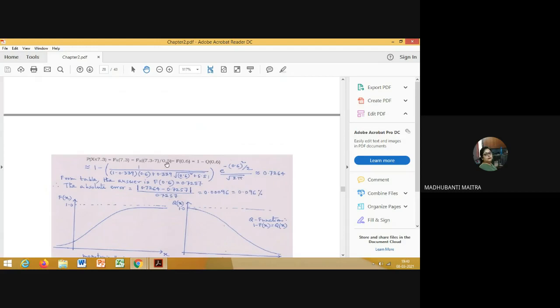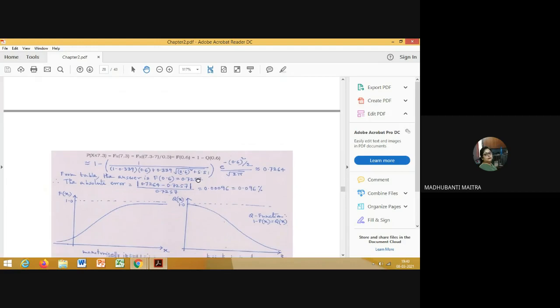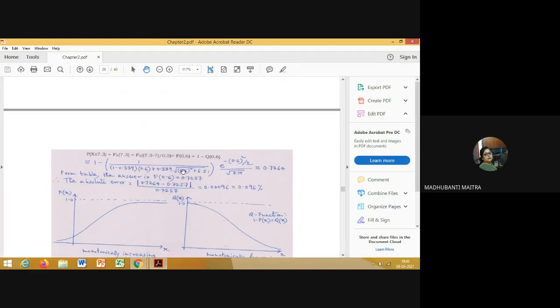So for this part we don't have to perform any integration. We don't have to go for any numerical methods. Simply with the help of a calculator, we can find this particular value. So it comes out to be equal to 0.7264. And how accurate is this, I mean, the approximation? I'm coming to that.